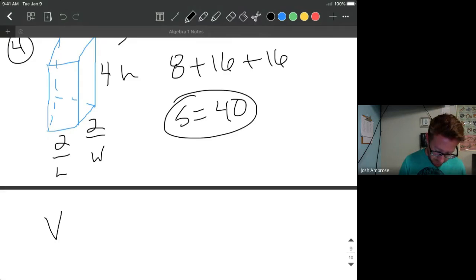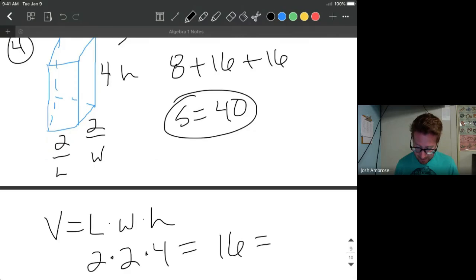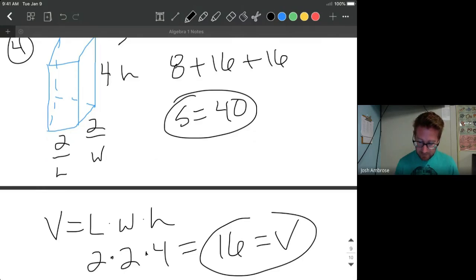And our volume is represented by length times width times height. And those are all given values right there. So that is 2 times 2 times 4. 2 times 2 is 4 times 4. We're looking at 16 for our volume.